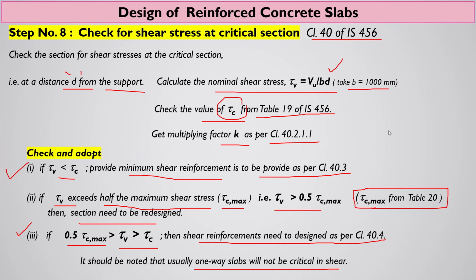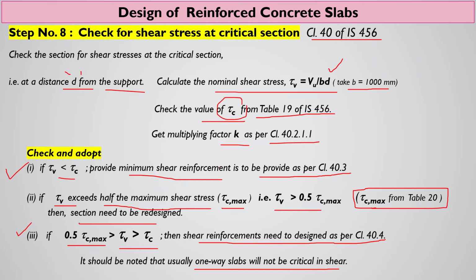So we have gone through different conditions as per IS 456. That means whichever condition is true, accordingly you have to design. Either you have to design minimum shear reinforcement, or you have to redesign if the second condition is fulfilled. If the third condition is fulfilled, then not minimum, but you have to design the shear reinforcement as per clause 40.4.